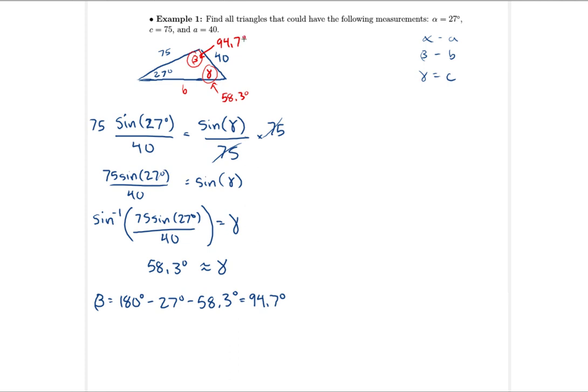All right, so I can put that up here as well, 94.7 degrees. And then finally for B, just to switch things up here, I could use the law of sines again, but I can definitely also use the law of cosines.